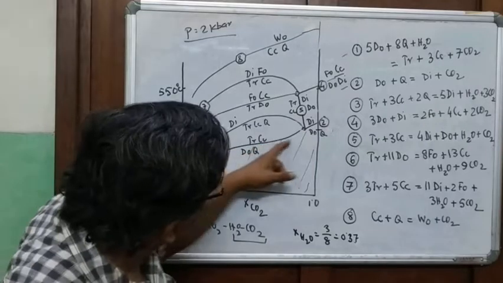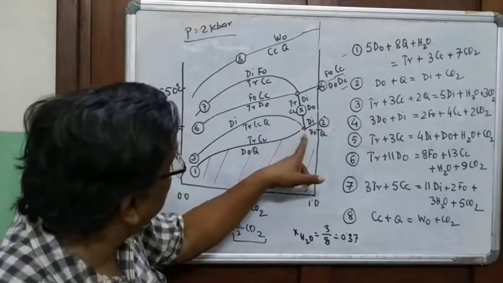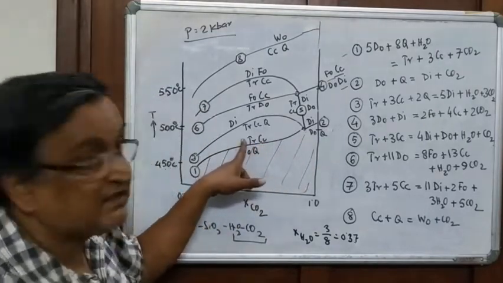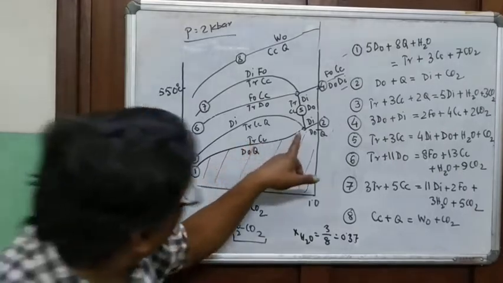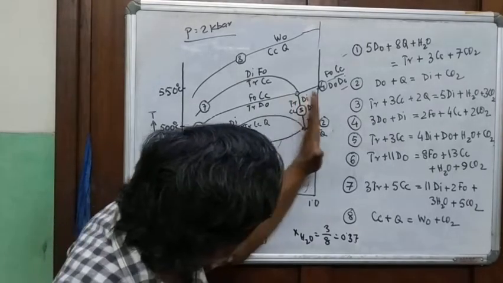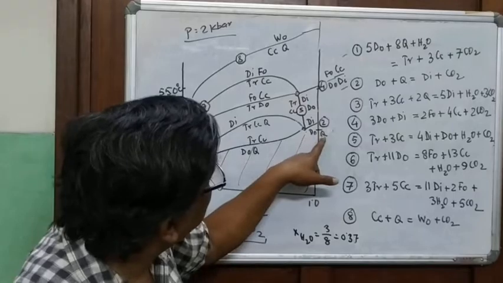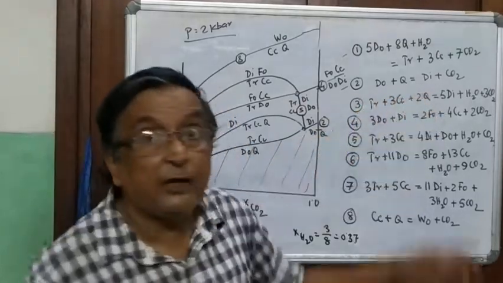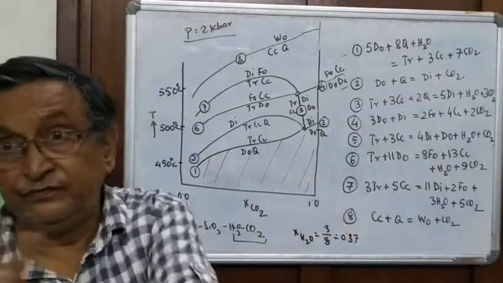Till here, dolomite plus quartz produces tremolite plus calcite. But after this value, at this end, dolomite plus quartz breaks down to diopside, not tremolite.